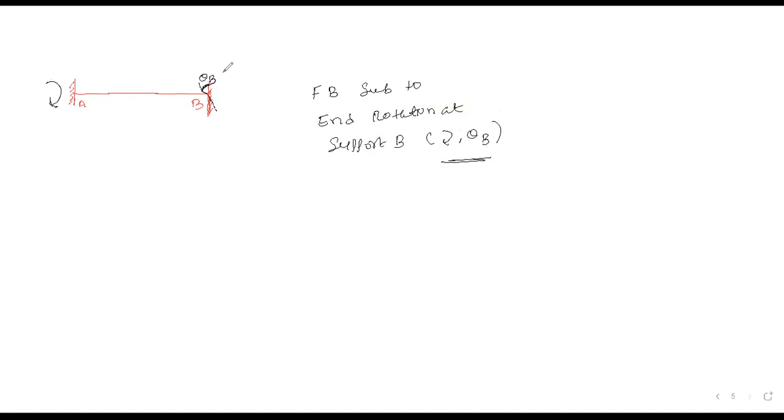Now, this is our assumption for writing the equation. It may be possible that in an example anti-clockwise rotation is given. So in that case, we have to correlate the same condition for anti-clockwise. If your rotation is clockwise, your end moment must be clockwise. Is it clear?